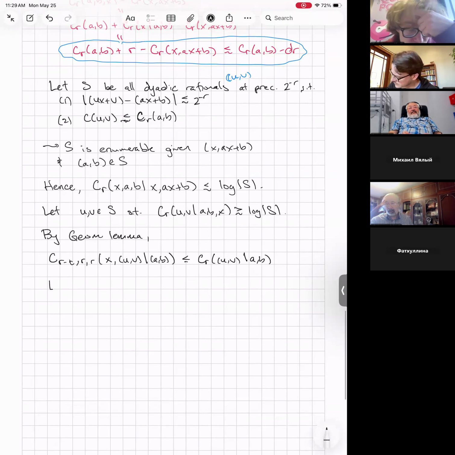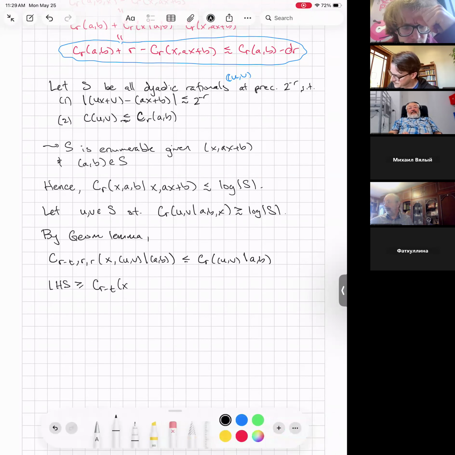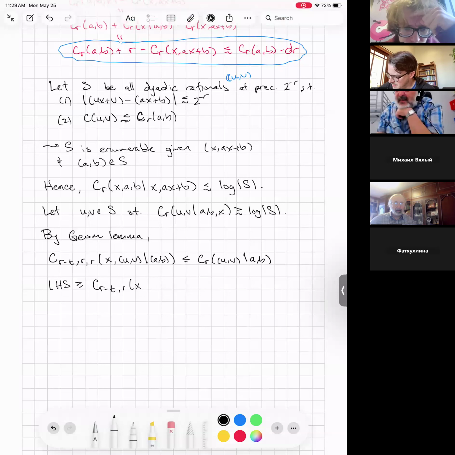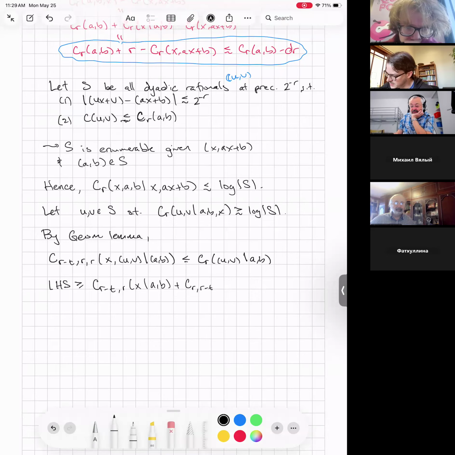The left-hand side is, plus C_r, r minus t, of u, v given x.